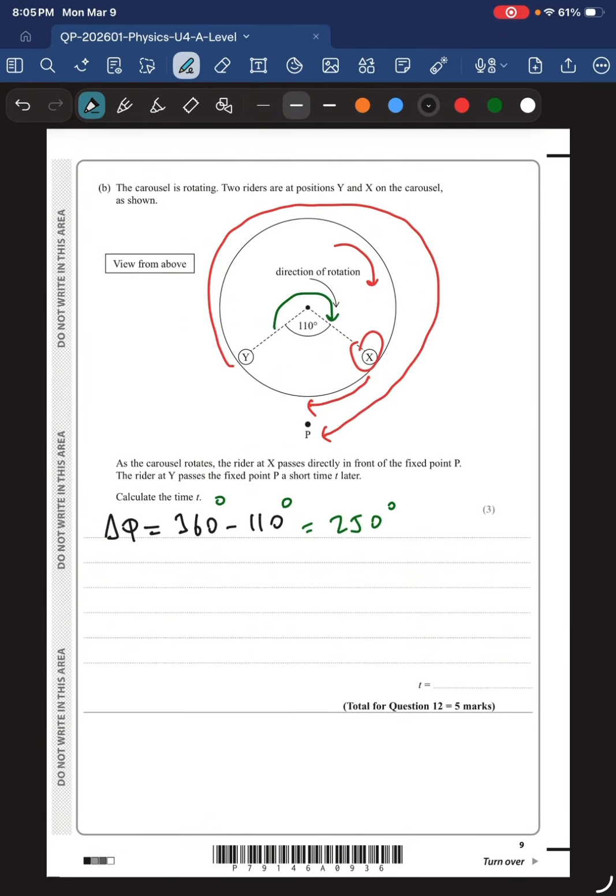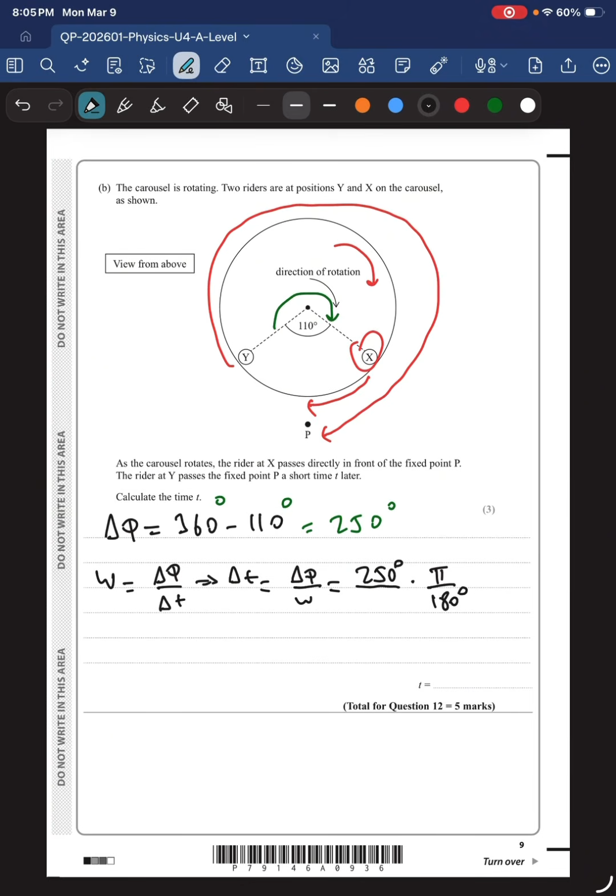Recall that omega is defined as delta phi over delta t. So delta t is delta phi over omega. Delta phi is 250, and then we multiply by pi over 180 degrees, because pi is 180 degrees, and the degrees cancel out.